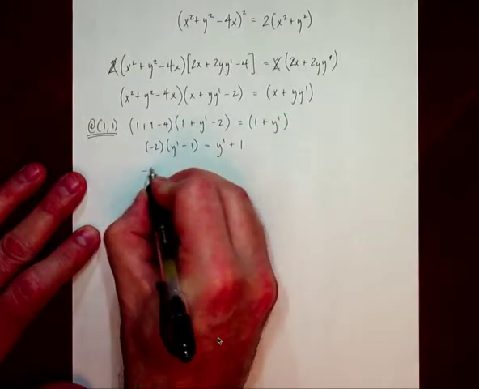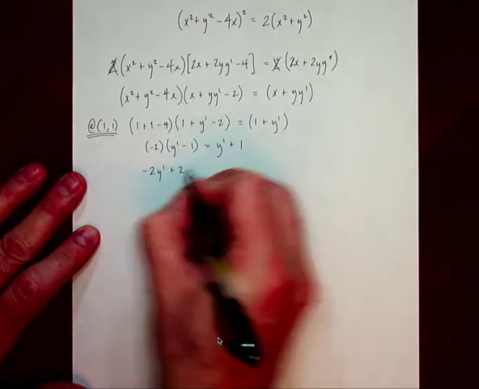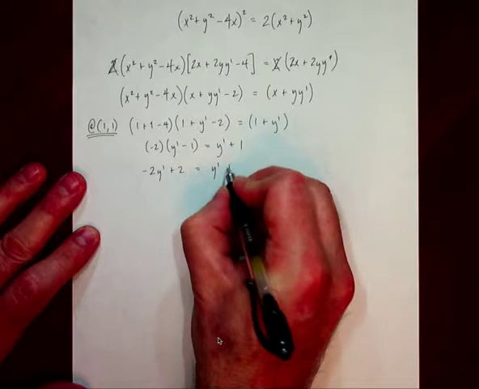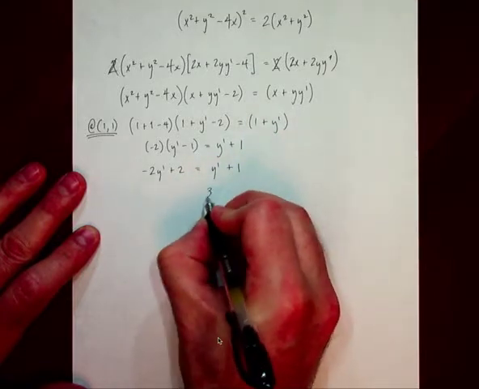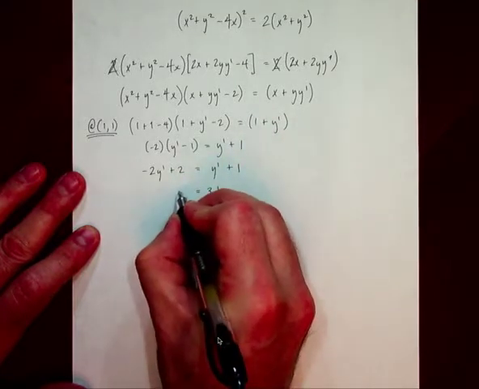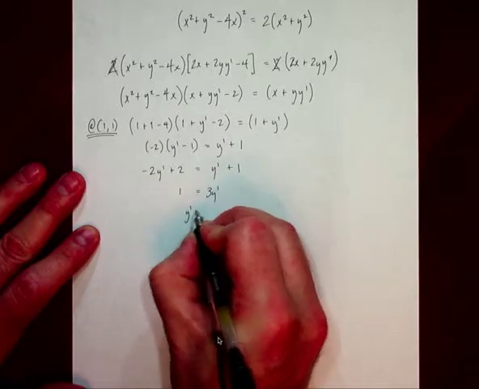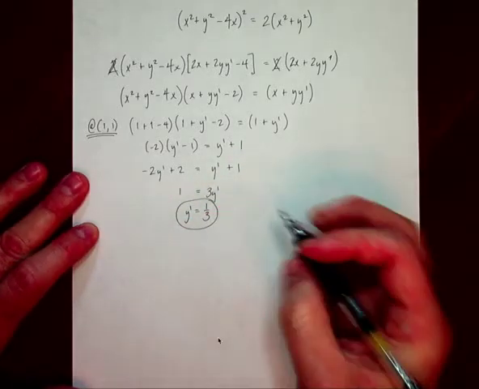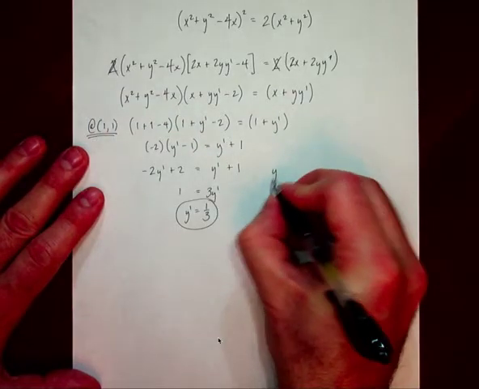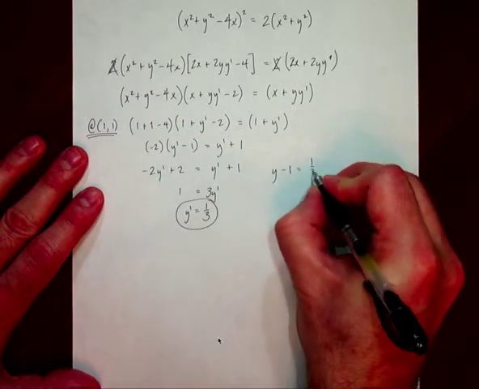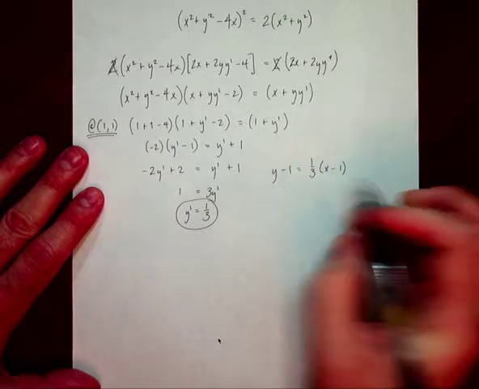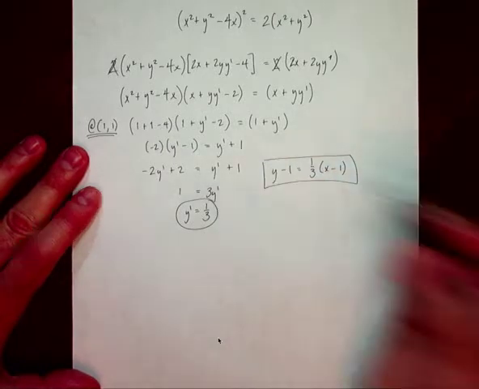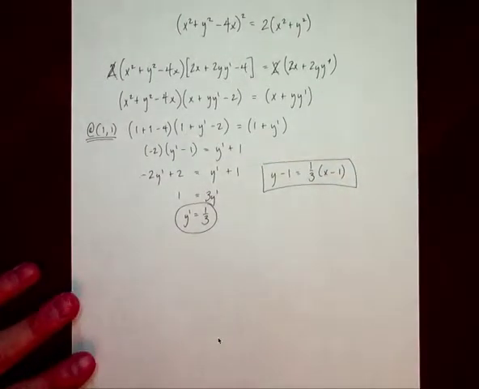This winds up being negative 2y prime plus 2 equals y prime plus 1, and so we'll get 3y prime is equal to 1, or y prime is equal to 1/3. So for (1, 1), we get y minus 1 is equal to 1/3 (x minus 1). There is my first tangent line.